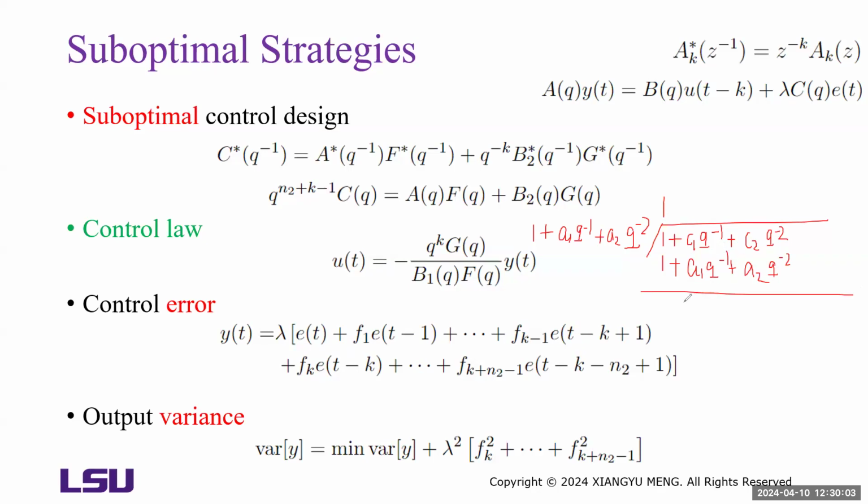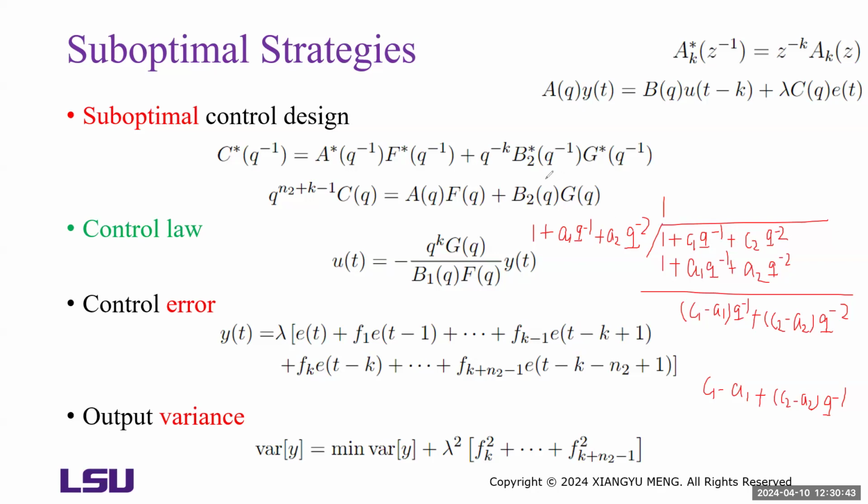The remaining part will be c1 minus a1 times q^(-1), plus c2 minus a2 times q^(-2). If this is the minimum variance controller, k will be 1. If we factor out q^(-1), the remaining part, c1 minus a1 plus c2 minus a2 times q^(-1), will be G in the minimum variance control.